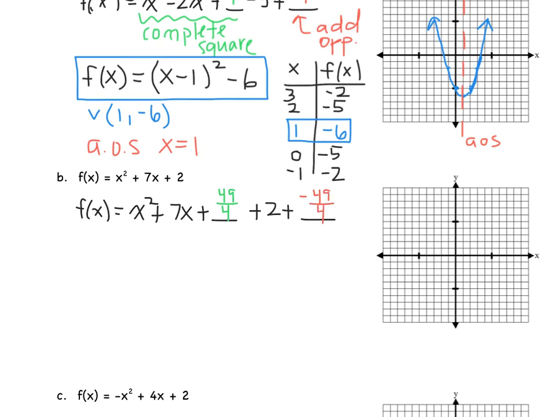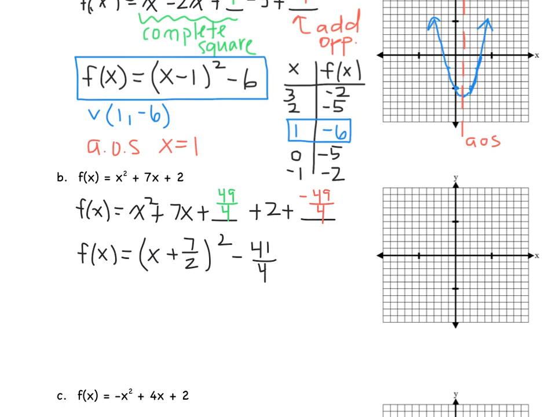Okay? And now when we go through and we factor and get it into our standard form, we're going to have f of x is equal to (x plus 7/2) squared, and cleaning up that plus 2 minus 49/4, it turns out to be minus 41/4.